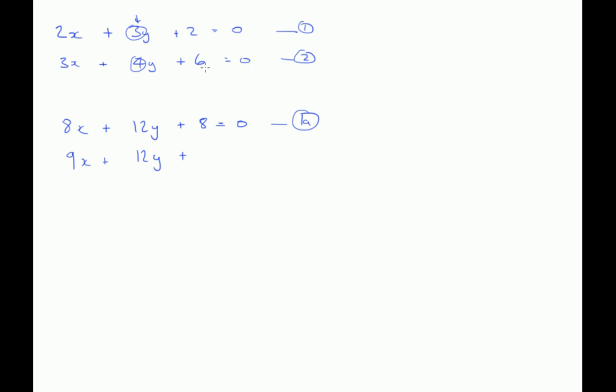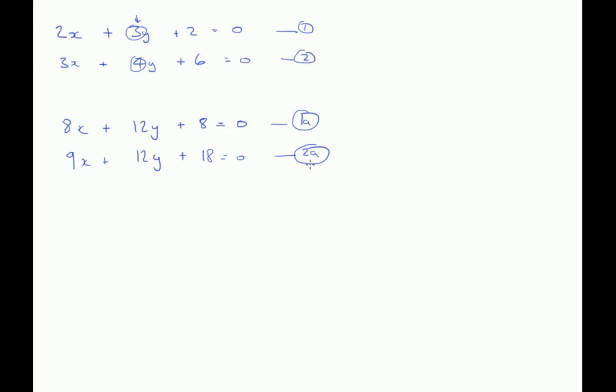So 6 times 3 is 18 equals 0, 0 times 3 being 0, and we have a second equation which we could call 2a.